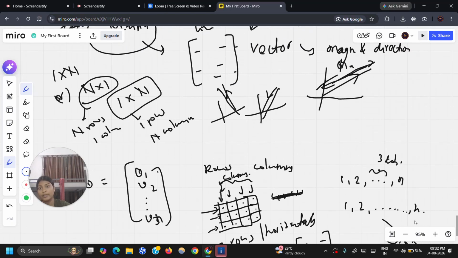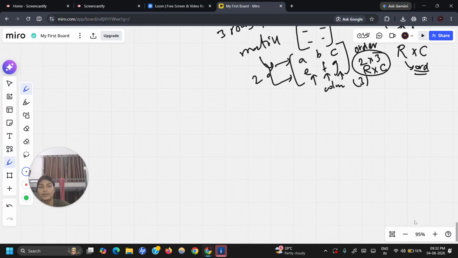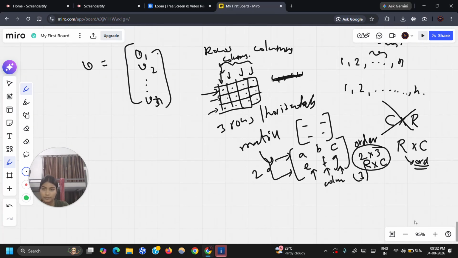So what were we saying? Vectors are, so see how many rows are there? 1, 2, 3, and so on, n rows. So first we write rows and then columns, right? So how many columns? Only one column is there. So n cross 1.